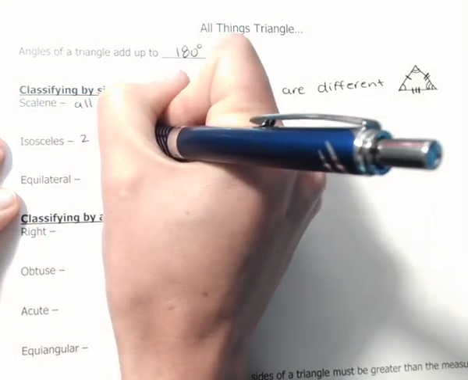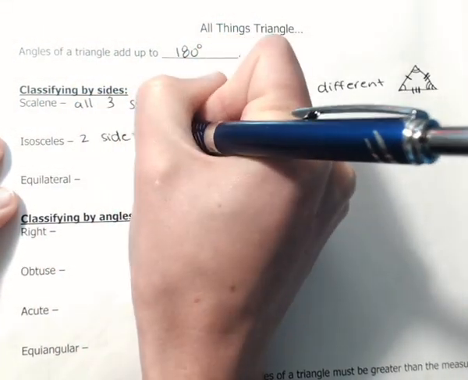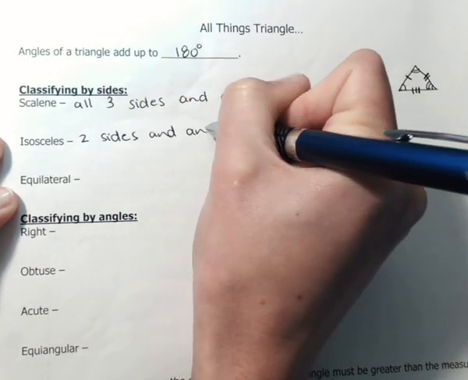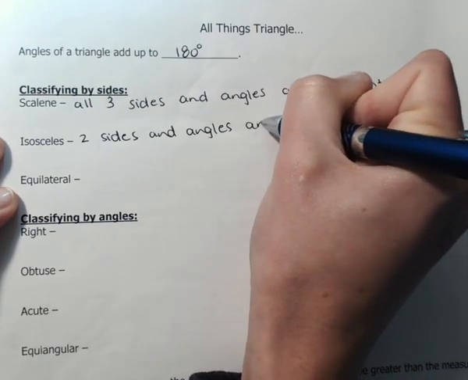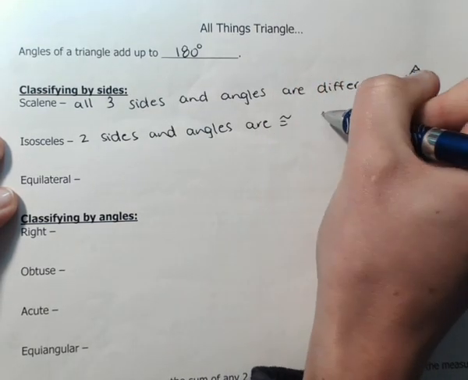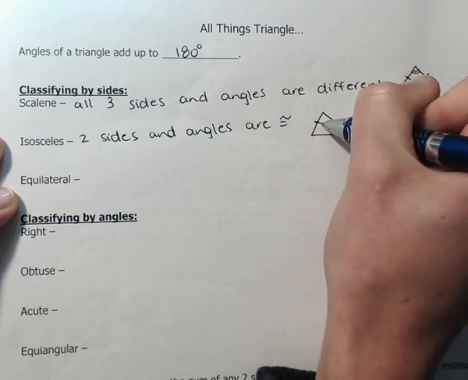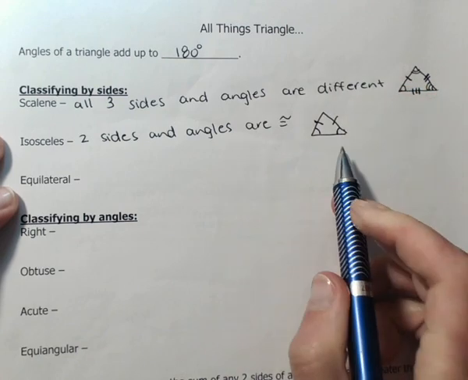Isosceles, which is the one we see a lot, is that two of the sides are congruent and two of the angles are congruent. The image you'll see with isosceles is a marking on each leg, and then the base angles are also congruent.